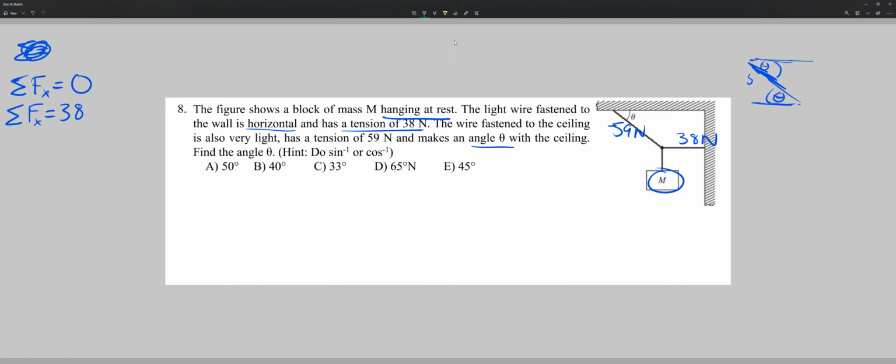In reference to this angle, I'm gonna call this tension X. What is tension X in reference to this angle? Well, this tension right here is adjacent to this angle. We begin with our hypotenuse, it's always our hypotenuse, and because it's adjacent, it's hypotenuse cosine theta. So then I can say it's minus 59 cosine theta, because again, this is in the opposite direction.